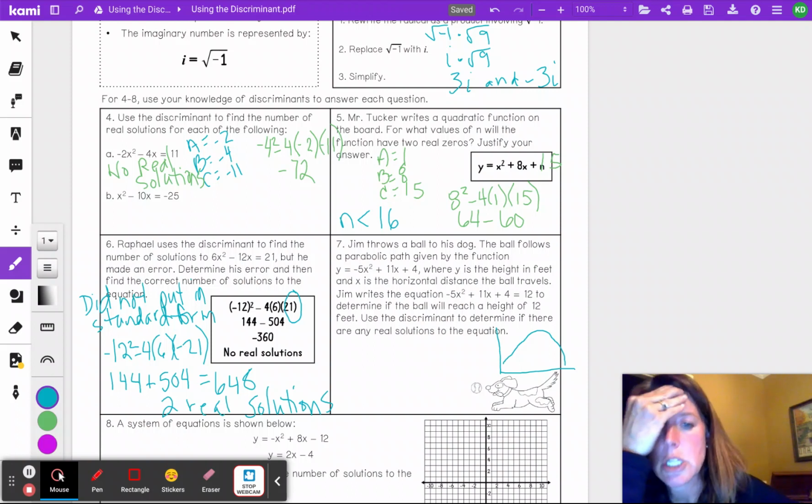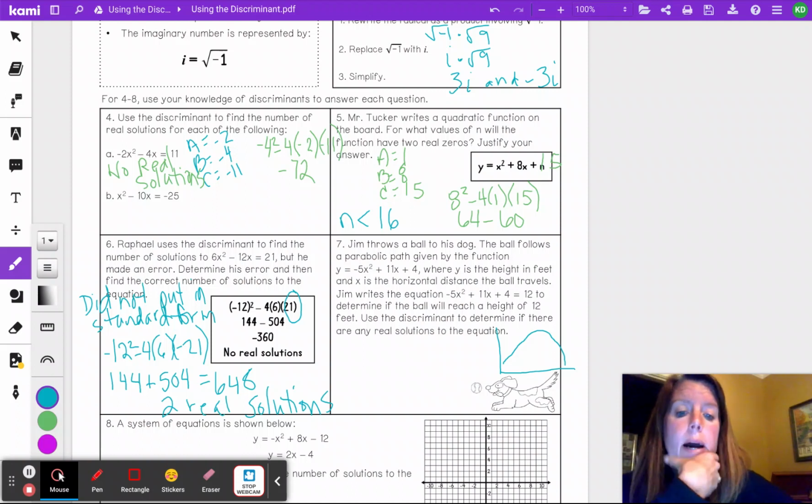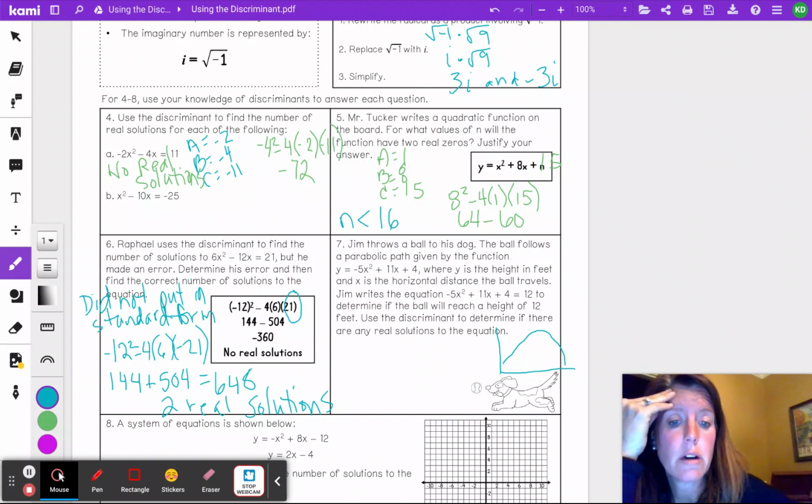Jim makes his equation equal to 12 to see if the ball will reach a height of 12 feet. Use the discriminant to determine if there are any real solutions to this equation.